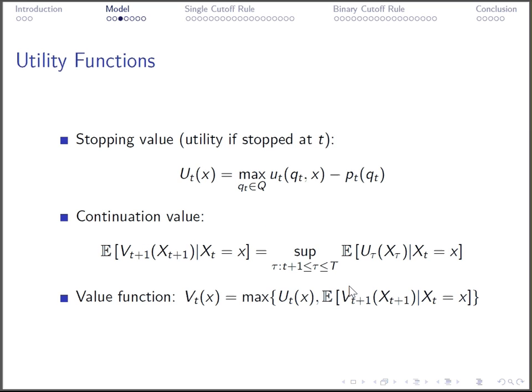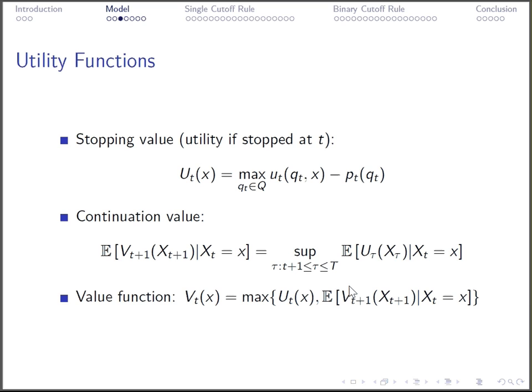And now let me introduce some of the important utility functions. So first is the stopping utility, or the stopping value here, which is the max over all possible alternatives of the utilities subtracted by the prices. The other one is the value function.